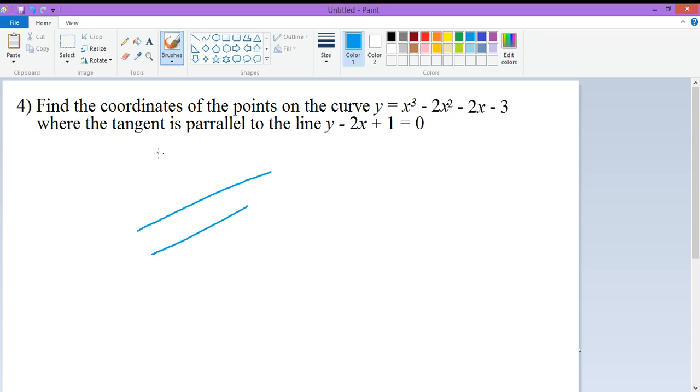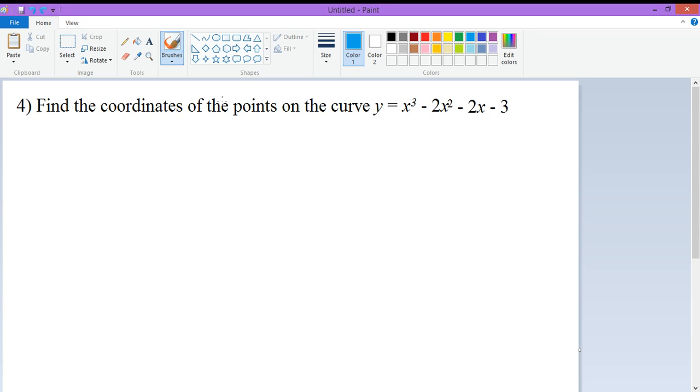It means the gradient of the tangent will be the same as the gradient of this line, since they are parallel. So now let's obtain the gradient of this line. Once we obtain the gradient of this line, that becomes the gradient of the tangent.